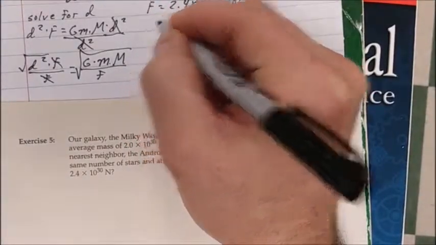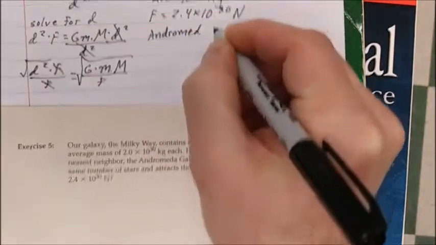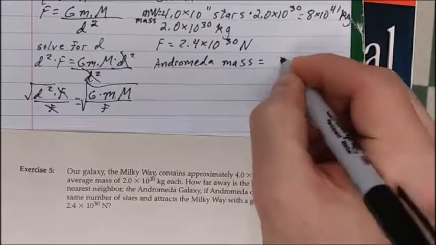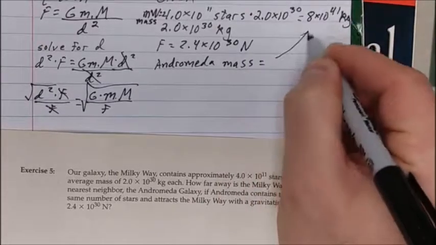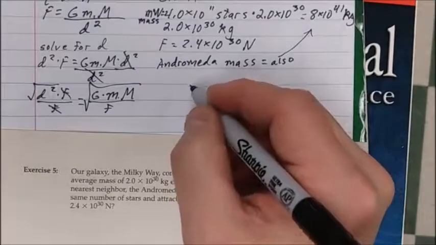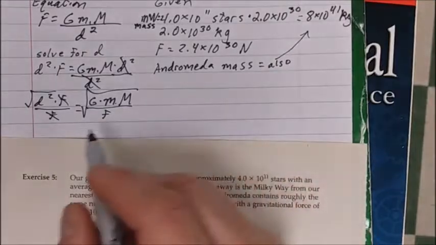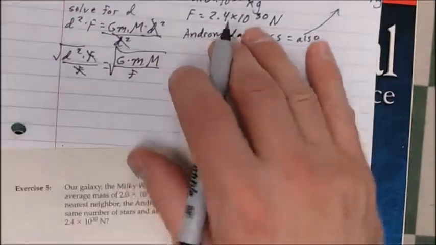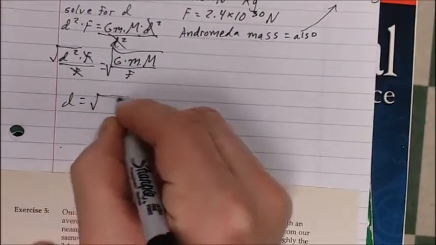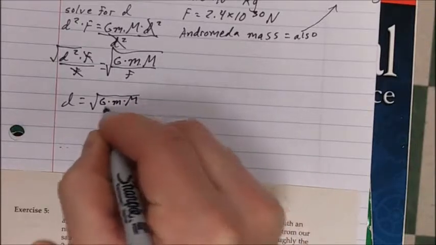So the Andromeda mass is equal to that also. And if we go ahead and plug those numbers into this formula that we solved, that formula will be D equals the square root of G times m times big M over F.